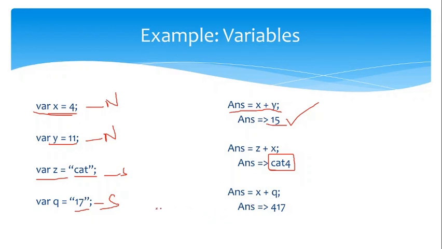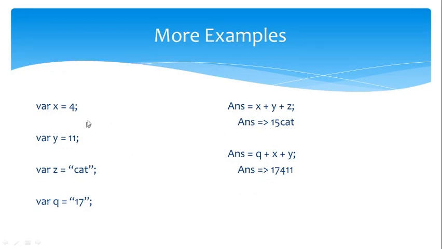In the same way, x plus q, x is 4, and 17 is written in double quotes, so it is considered a string only. So 417. This is the example of the variable.